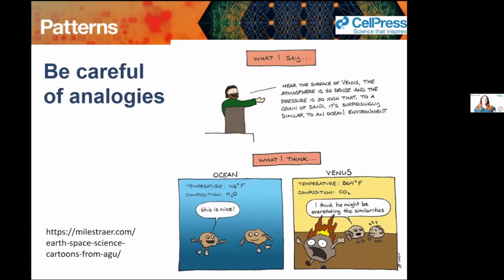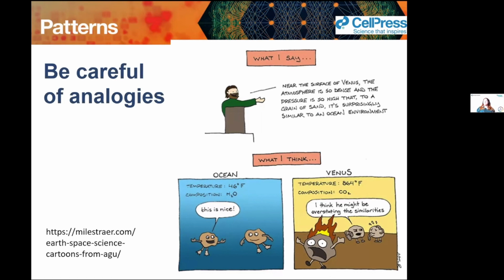I'm now going to go into point by point hints and tips. Analogies are great things when it comes to trying to make connections with people, right? But you've got to be careful with them, because you can say things like, near the surface of Venus, the atmosphere is so dense and the pressure is so high that to a grain of sand, it's surprisingly similar to an ocean environment, right? That sounds plausible, but then you get to the actual values.